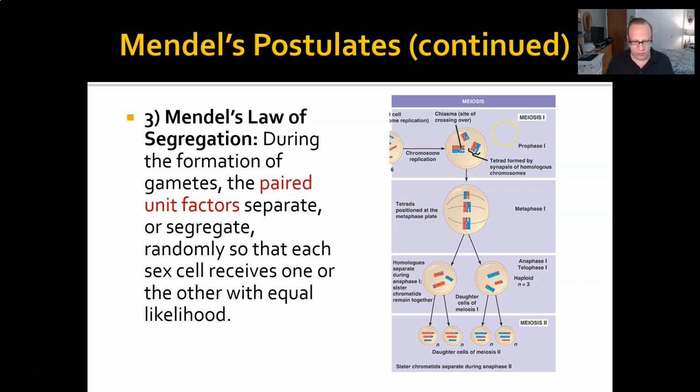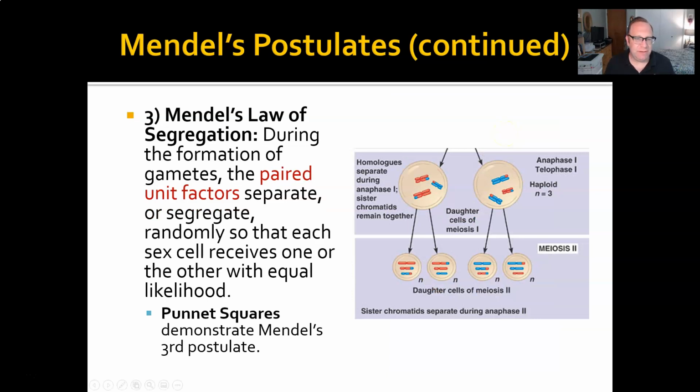So if we come to the next page here, if you look at the top bubble on the left-hand side, the chromosome with the long red one and the long red with the blue tip, they are a pair of unit factors, right?